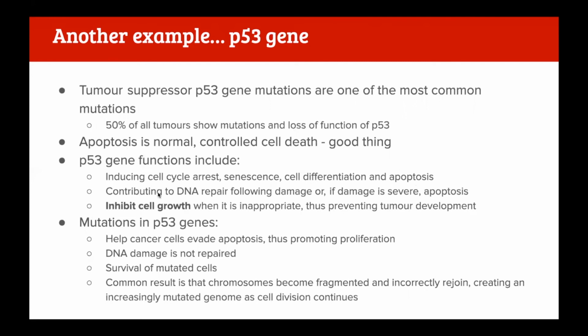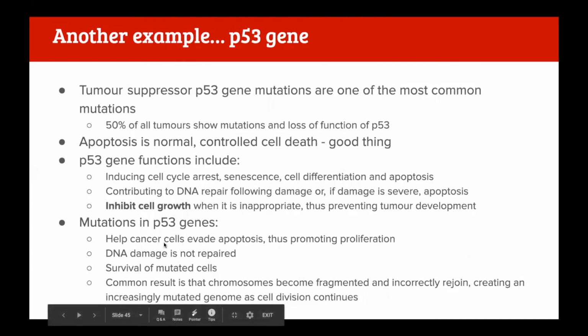P53 gene also contributes to DNA repair after damage, or if damage is severe, it will induce apoptosis. So essentially, its main role is to inhibit cell growth when it's inappropriate, thus preventing tumor development. Mutations in p53 genes will help cancer cells evade apoptosis, thus promoting proliferation.